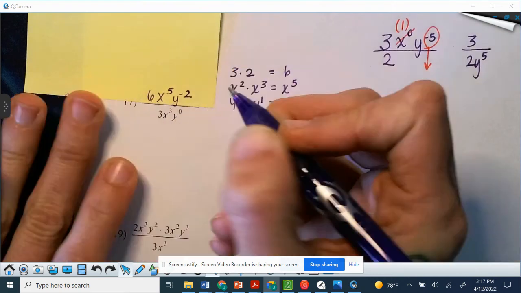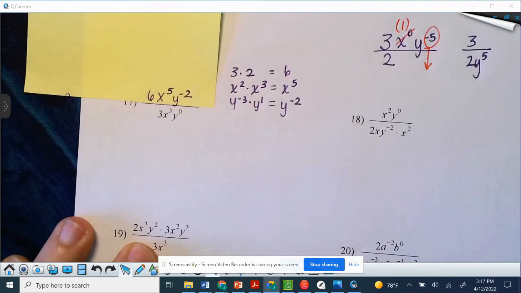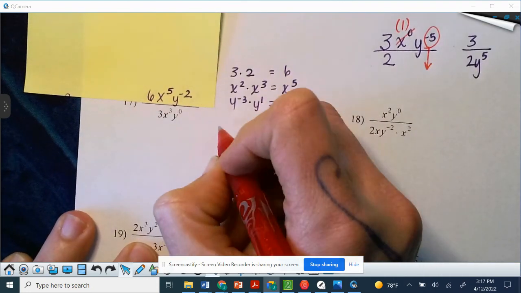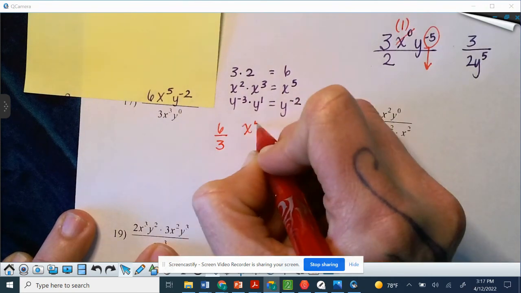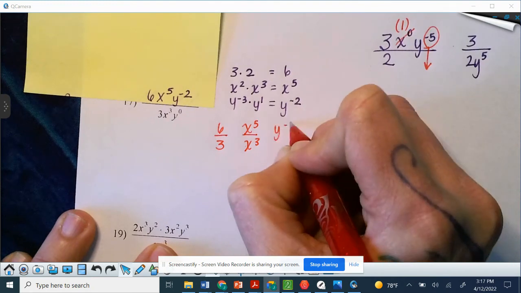Now, if you want, you can go ahead and push that y to the negative 2 to the basement because you know he's negative and he has to go down to switch to become positive. Or we can work straight through and do it at the end. So now we're going to do the same kind of idea. We're going to simplify and separate. So it's 6 over 3, x to the 5th, x to the 3rd, y negative 2, y 0.